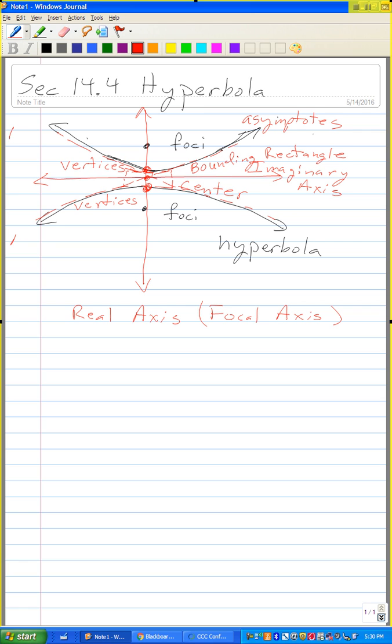Oops, the other one is an asymptote. Okay, and that's what a hyperbola looks like.